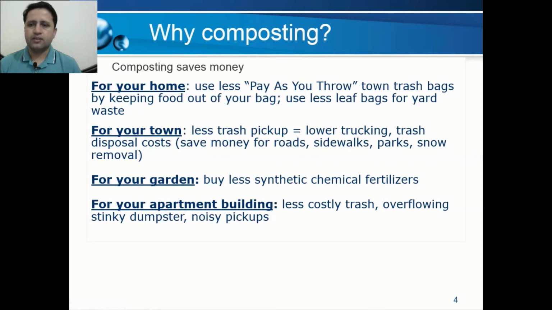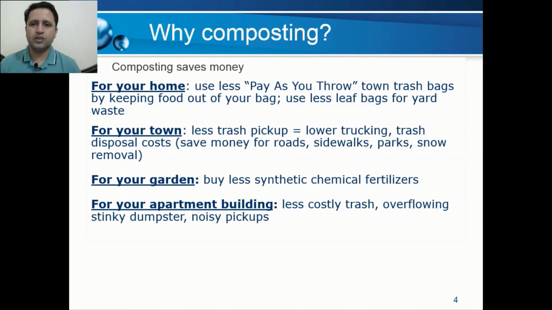And the second important reason is that it is important for your town also, because you have less trash pickup, lower trucking and trash disposal cost, and it saves money for roads, sidewalks, parks, snow removal, etc. Another important reason is that it is important for your garden also, because you have to buy less synthetic chemical fertilizers, which are expensive.